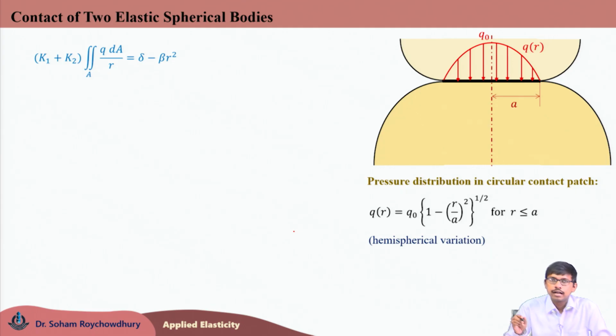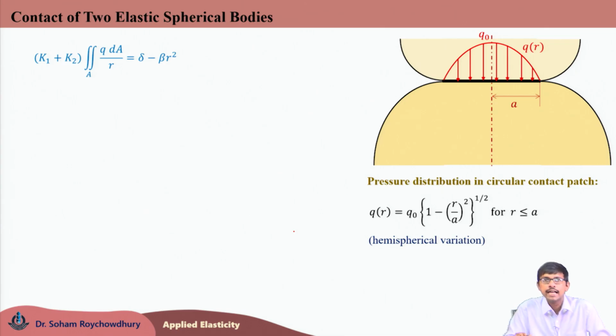So, from this equation, if we recall the general case, the contact patch boundary was defined by an ellipse. Now, as the two bodies coming in contact are spheres, for such cases the contact patch boundary will convert into a circular boundary from an elliptical boundary, and hence the semi-ellipsoidal pressure variation will now change to hemispherical pressure variation within that circular boundary.